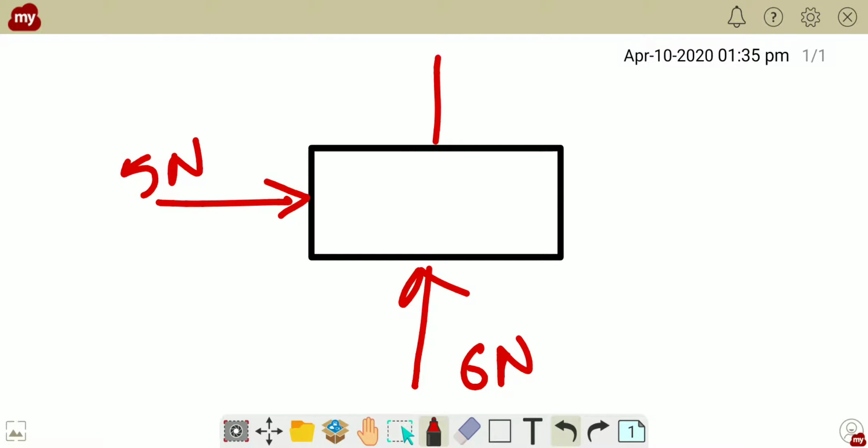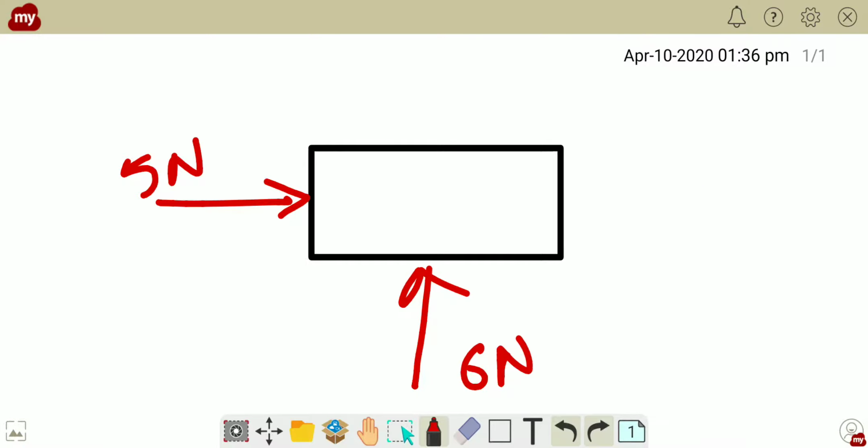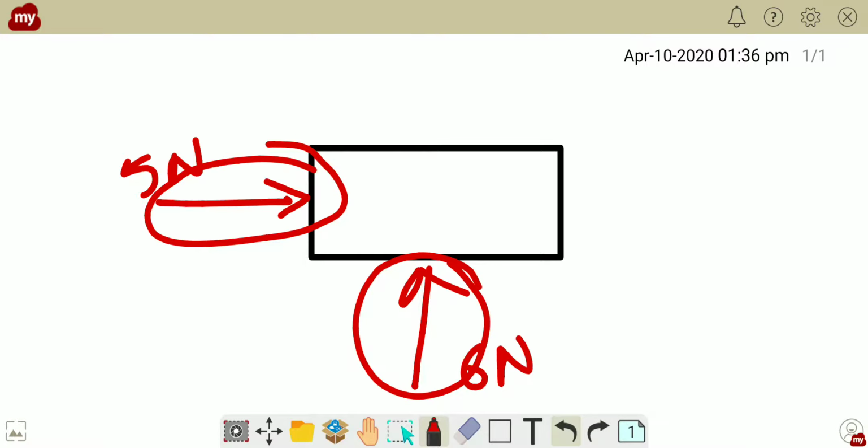Will the body move upwards neglecting this 5 newtons which is pointing right side? No, it can't. And will the body move right side neglecting this force which is pointing upwards? No, it also can't. So the body has to do one thing. It has to satisfy both the forces. So let us write these two forces at a single point within the body.